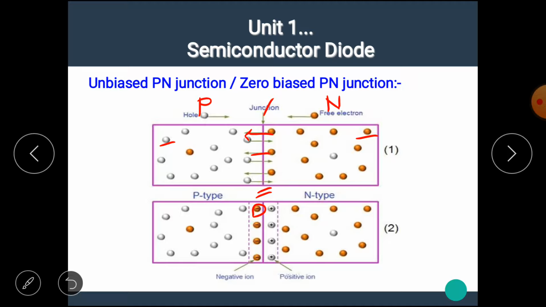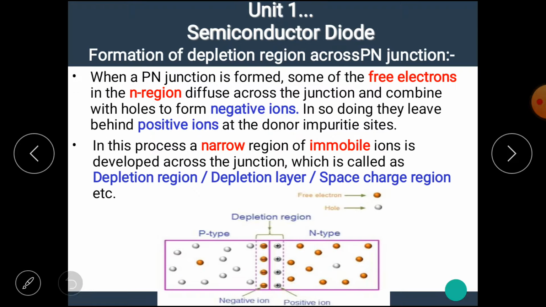Similarly, these electrons cross the junction and become immobile ions. Similarly, the hole crosses the junction and becomes a positive immobile ion in the n-type region. I hope you all understand the actual process happening in the unbiased or zero biased PN junction material.